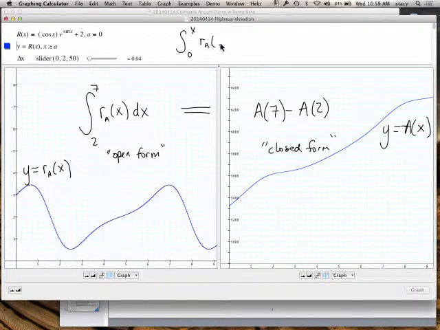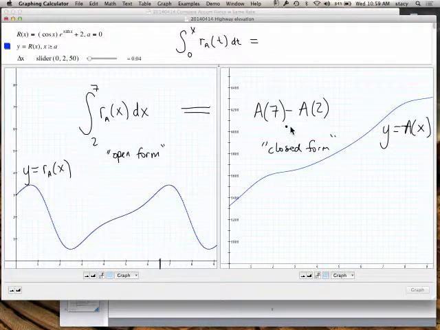R sub a of, I think we've been using t's, dt. It has to be something other than x, because this x now tells us where our stopping point is, so we need something else to keep track of the changing quantity as we go through.